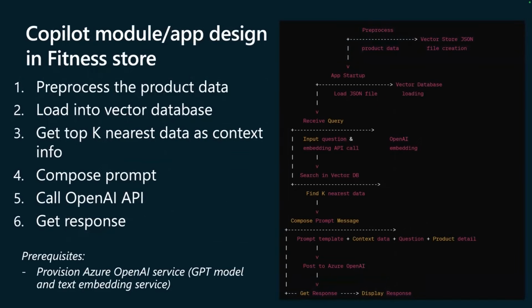This flow chart on the right shows all of the steps that the application takes. You can follow along with the source code, or you can take a look at the flow chart that we have. First, before starting the application, what we did was we pre-processed all of our business catalog data, all of our bicycles, all of the accessories, and we computed their embeddings to produce a JSON file that is loaded into a Spring AI class called Simple Vector Store.